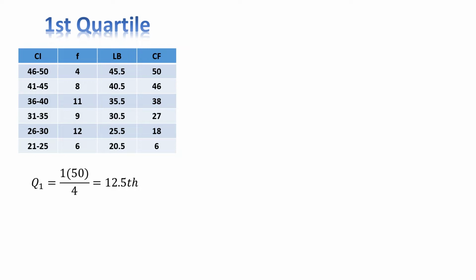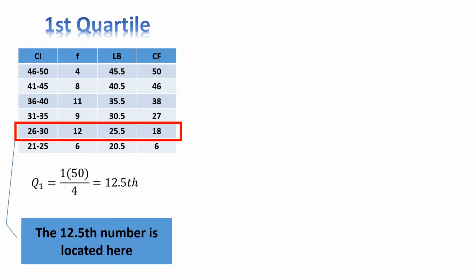Nandun makikita yung ating first quartile. So yung 12.5 position ay nandito banda. Kasi kung titingnan nyo, nandito yung 1 hanggang 6, nandito naman yung 7 hanggang pang 18th na number. So, dito makikita yung pang 12.5.